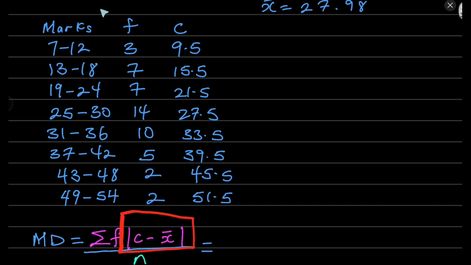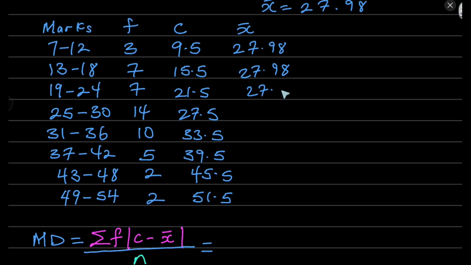So we just create another column for c minus x bar, and for simplicity's sake, let me have a column for x bar. So we have 27.98 all the way down, so that you guys can understand what I'm doing.